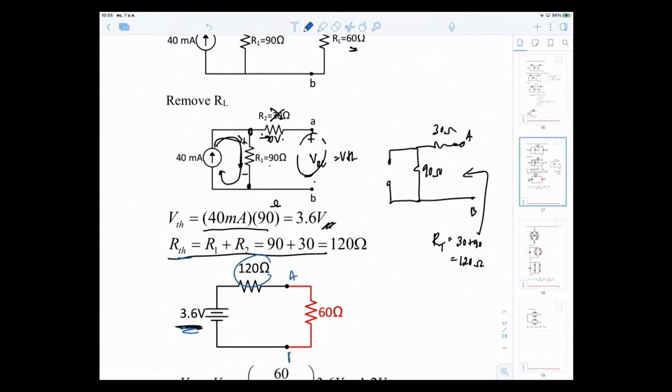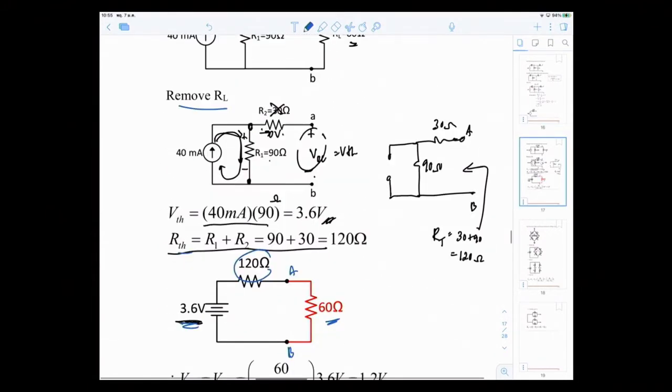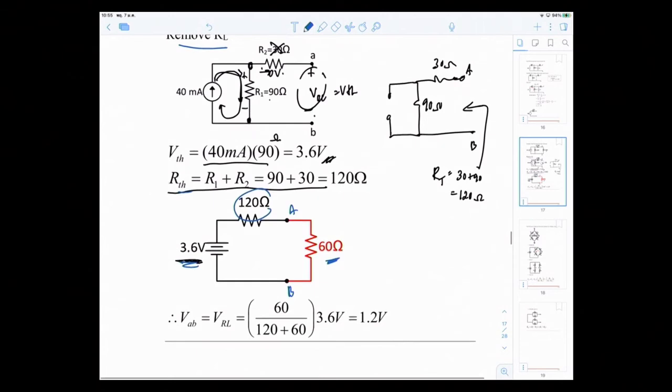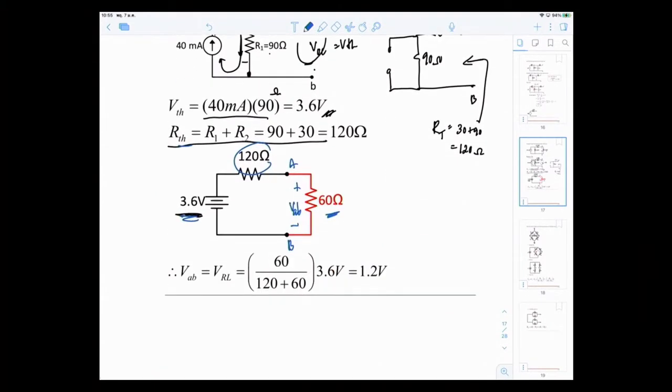So this is AB. When you want to give a final answer or analysis, you reinsert the load that you took off right here. This is the 60 ohm. So this is your equivalent circuit. If the question asks what's VAB, VAB is the voltage drop across the 60 ohms. In this case, when you've put it into the Thevenin, it becomes very easy.